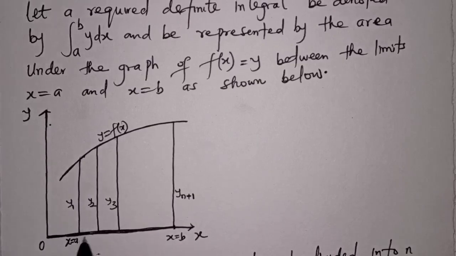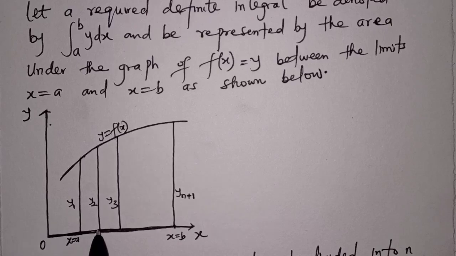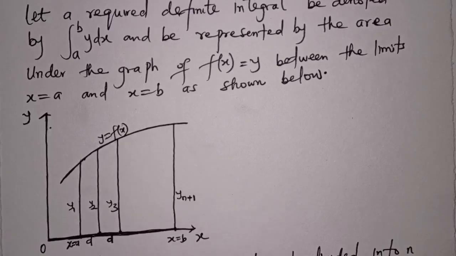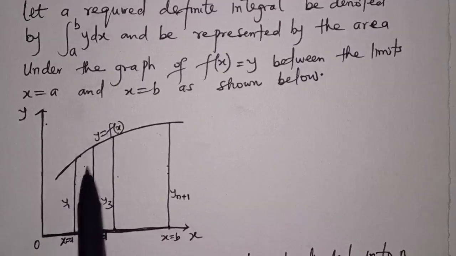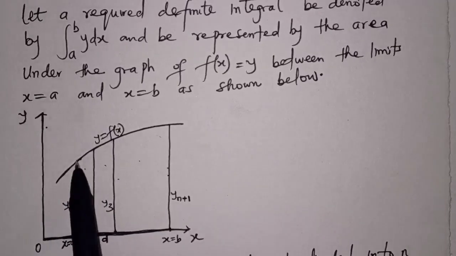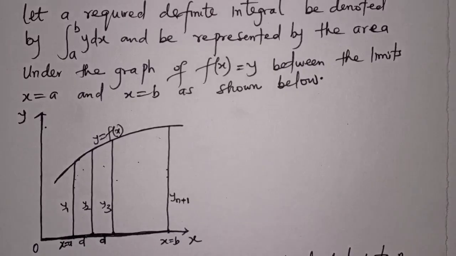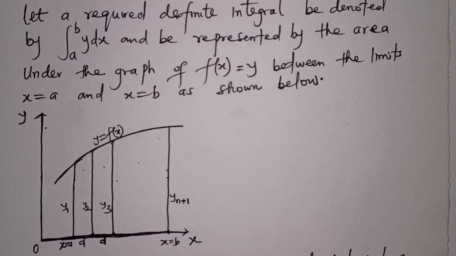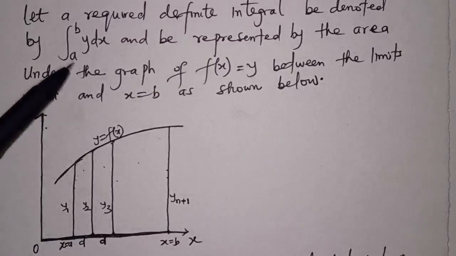From here to here is d, from here to here is d. They all have equal width. Each of these shapes looks like a trapezium, not exactly a trapezium because this is a curve. So an approximation to the area under the curve is obtained by joining the tops of these ordinates by straight lines. The area of all the trapeziums added together will give us the area under the curve, and that will be equal to the integral of y dx from a to b.